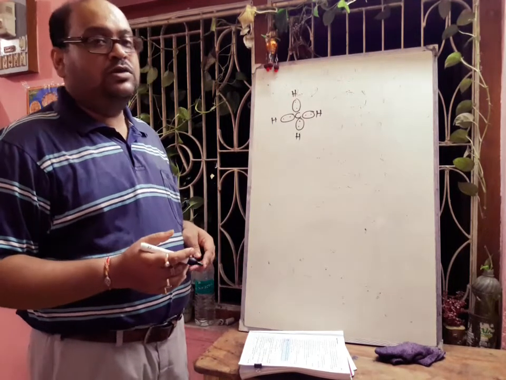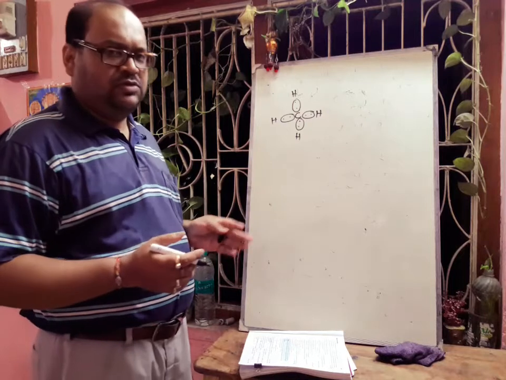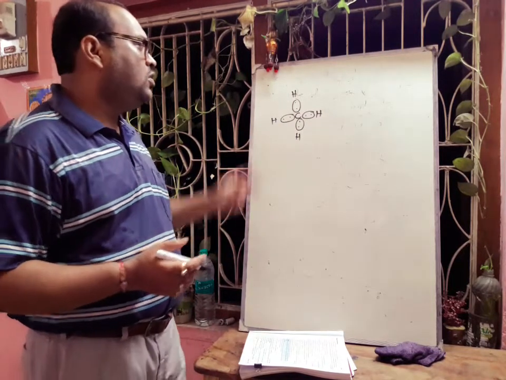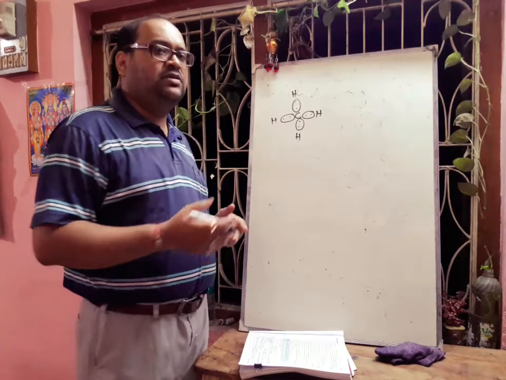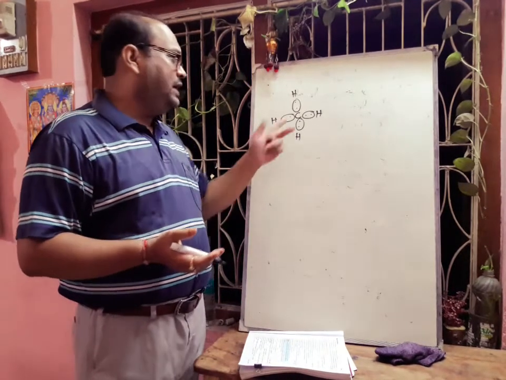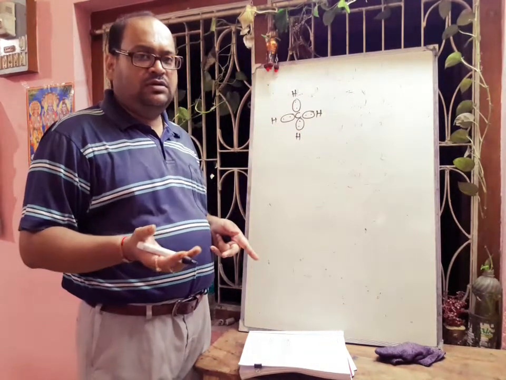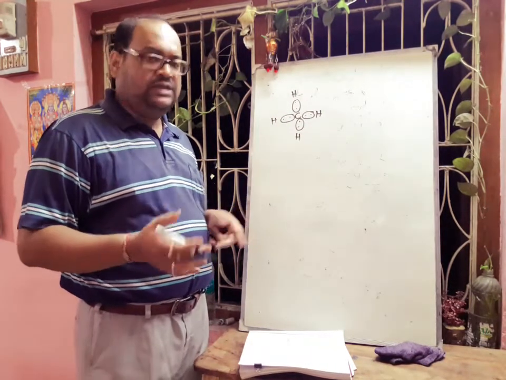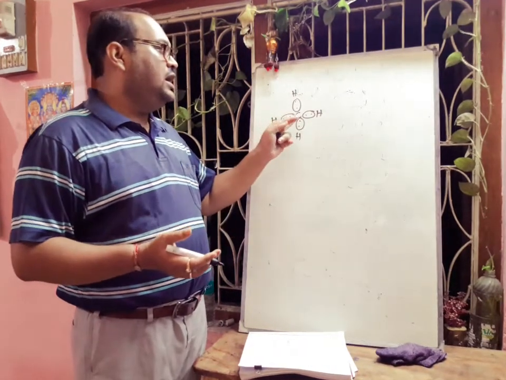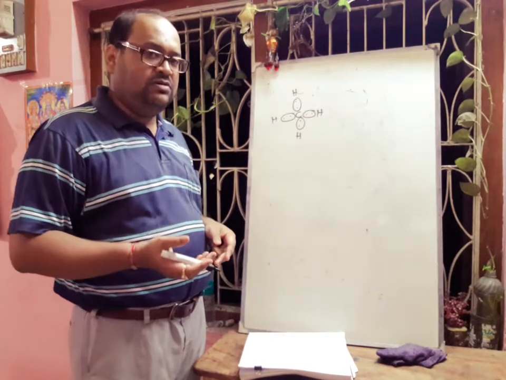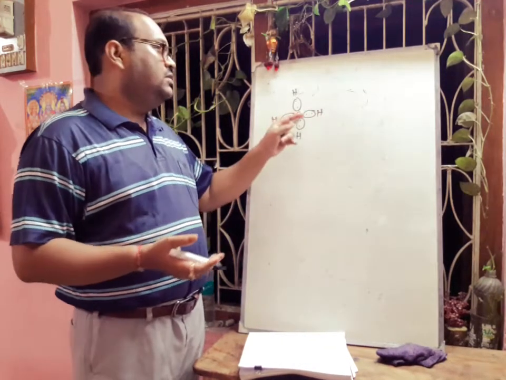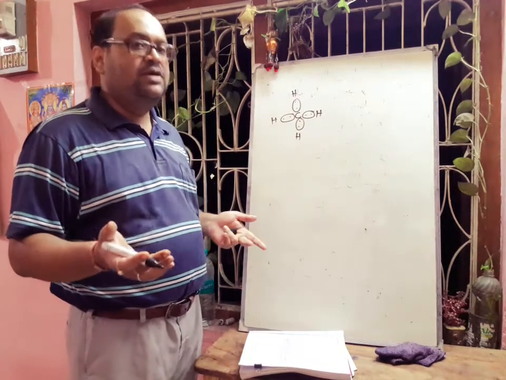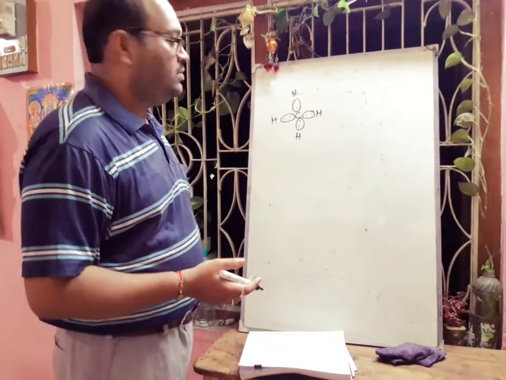So we can ask different types of questions. Suppose, what is the covalency of the carbon atom? Covalency means the number of electrons shared by the carbon atom, so that will be 4. In some books it is written as the number of electron pairs shared by carbon, which is 4. That is also the same.